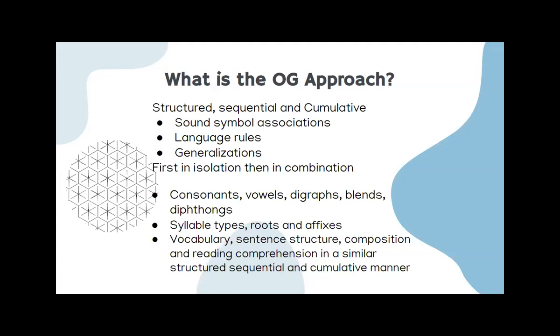But the great thing about the Orton Gillingham approach is that it's proven and research-based to work, even with students who struggle with learning and manipulating language. So it is one of those things where it's very intricate and detailed. It's very purposeful and intentional in the way in which they create structured, sequential, and cumulative manners of teaching.